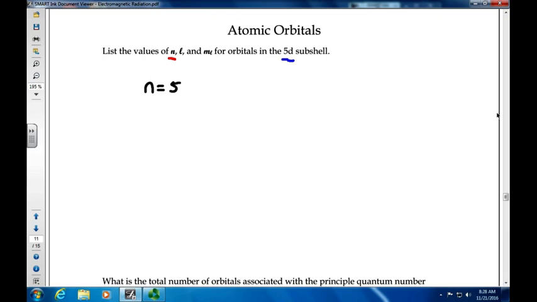We know from our textbook that l must be less than n, but greater than or equal to 0, and it must be an integer, a whole number.